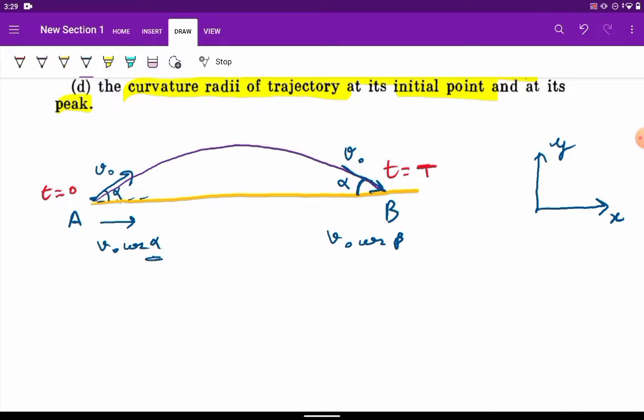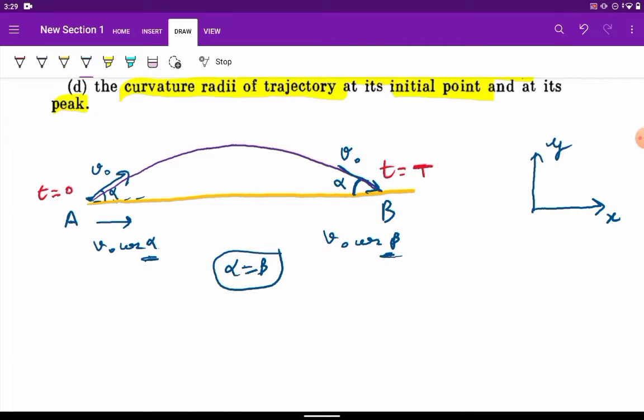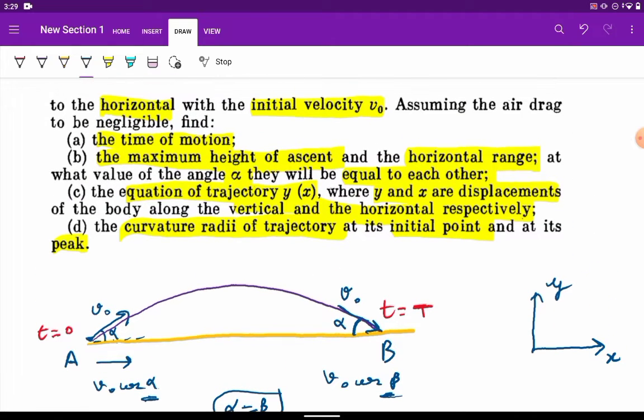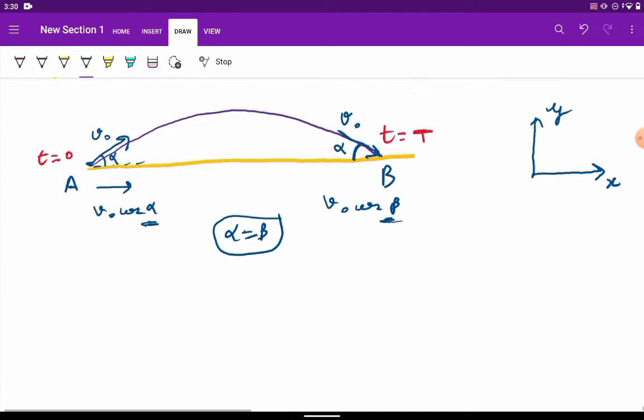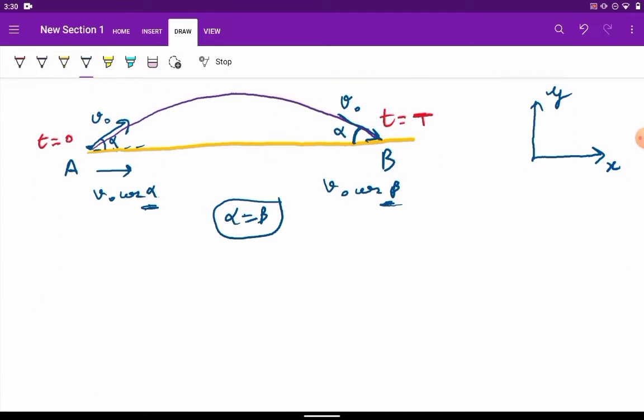So obviously alpha is equal to beta. This is just a quick explanation for why this is happening, and it is crucial for getting the time of motion and the horizontal range.